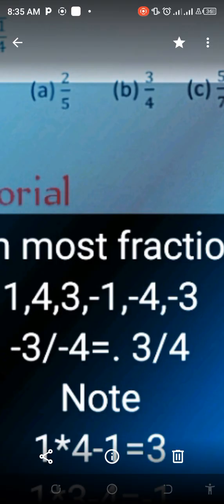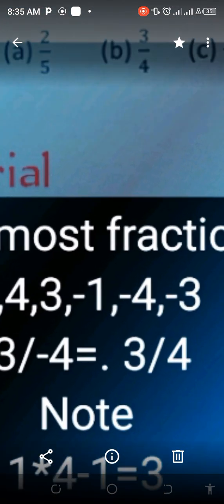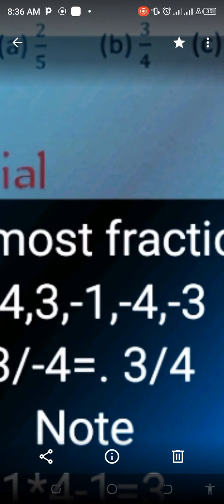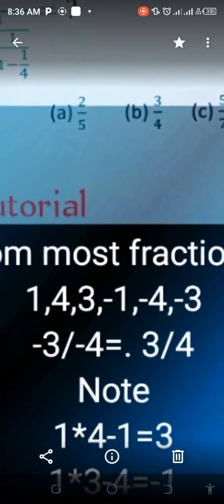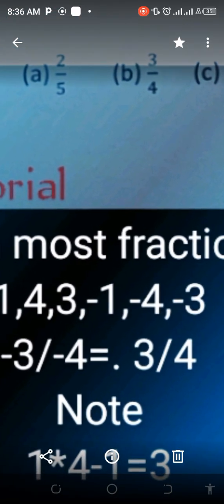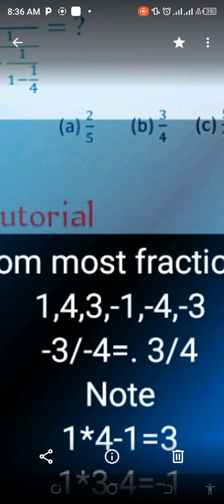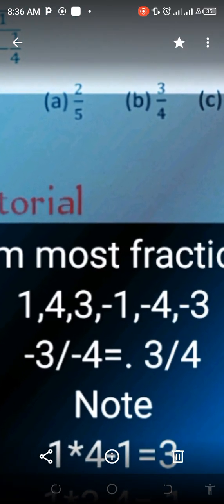So our solution is the fourth ladder over the third ladder, which is minus 3 over minus 4. And minus 3 over minus 4 is the same thing as 3 over 4, because the negative sign of the numerator cancels out the negative sign of the denominator. So what we have now is 3 over what? 4.